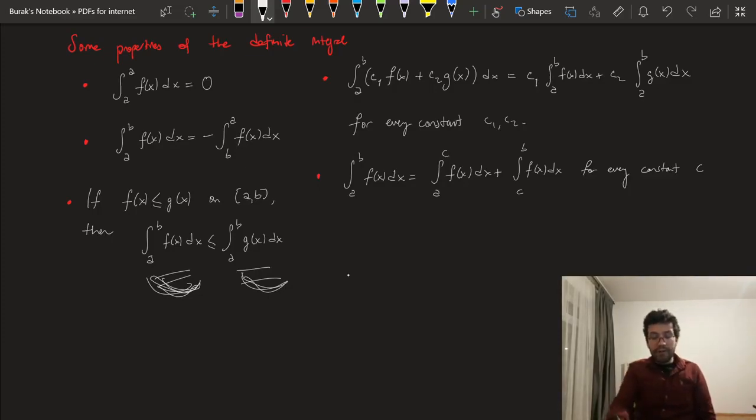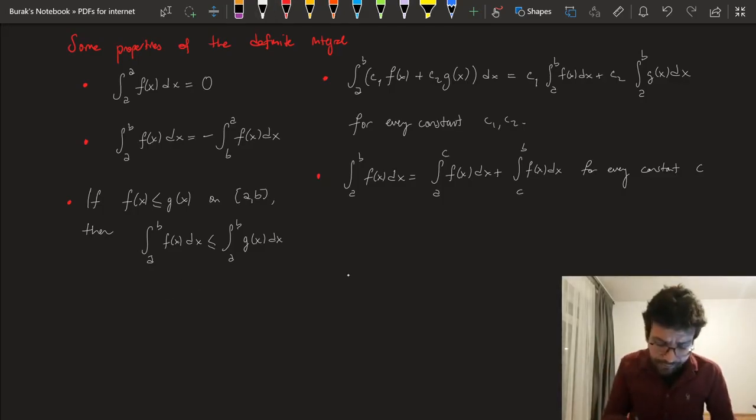Take the same partition, then the upper Riemann sums of g will be greater than or equal to these upper Riemann sums. So their limit, if it exists, has to be greater than or equal to this. You may object that maybe for that sequence of partitions, the limit of upper Riemann sums of g doesn't exist, but then you can do refinements and so on, which I'm not going to mention, and get this.